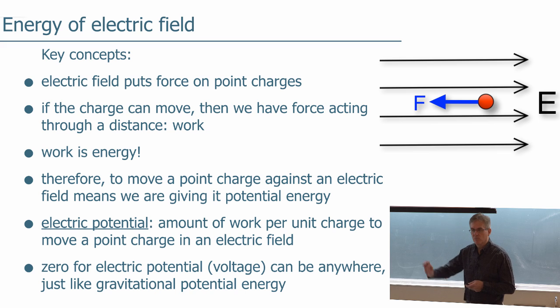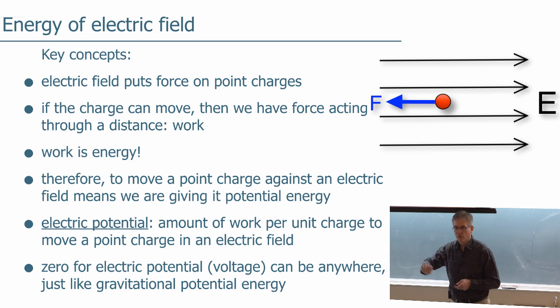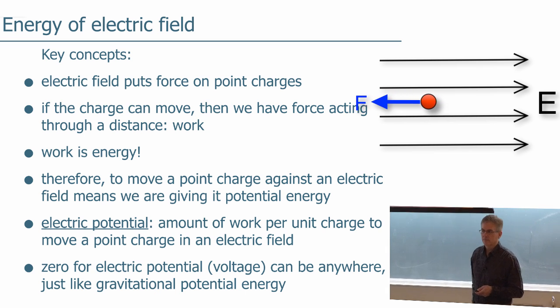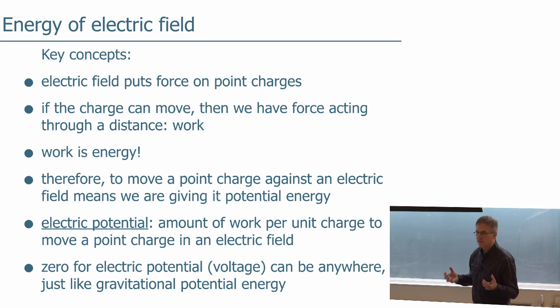And if that charge can move, like an electron or some other particle, or even a charged object like we saw here, then you have a force acting through a distance, right? And force times distance, you know from Physics 7A, is work. And work is energy. So there's definitely energy involved with electric fields, and we'll see with magnetic fields too.